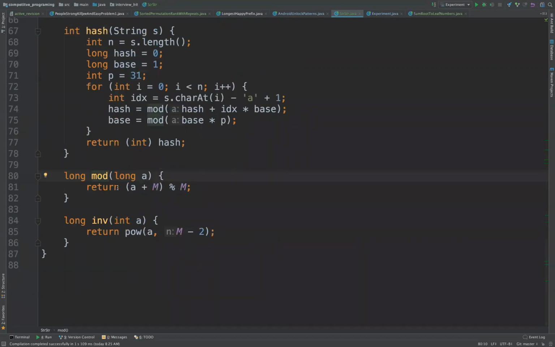Why this function? In most programming languages like Java, modulo can have negative values, but as per the mathematical definition, the value of modulo lies between 0 and m minus 1. So theoretically, modulo should not be negative. To handle that, we do plus m modulo m. So it converts the negative modulo to positive, basically.